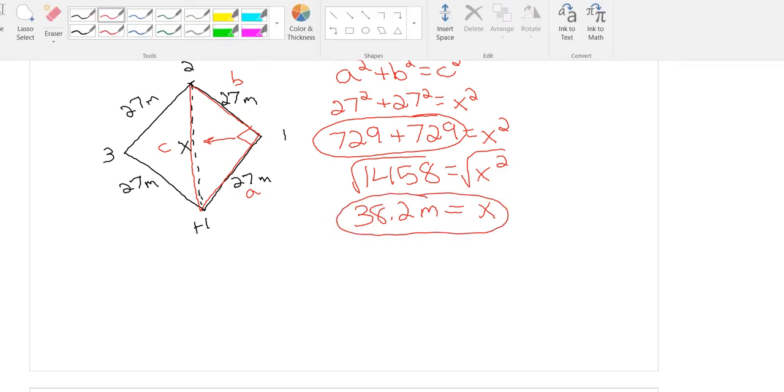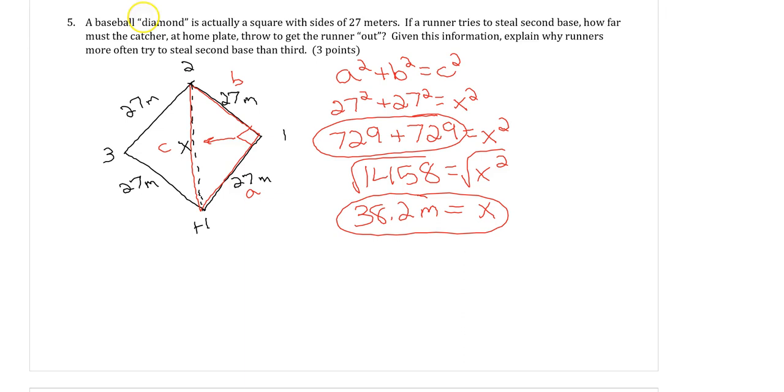All right, now that we have that, I need my explanation, right? It is asking, given this information, explain why runners more often try to steal second base than third. That is part of your points. If you don't write this explanation, you will get points off on the test.